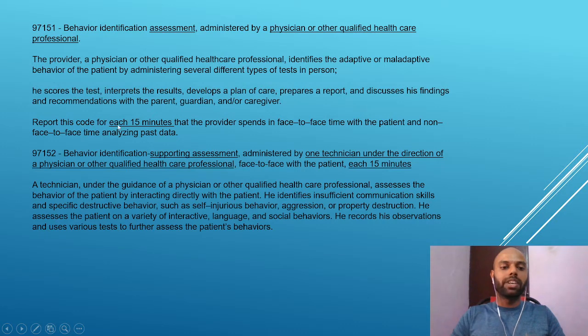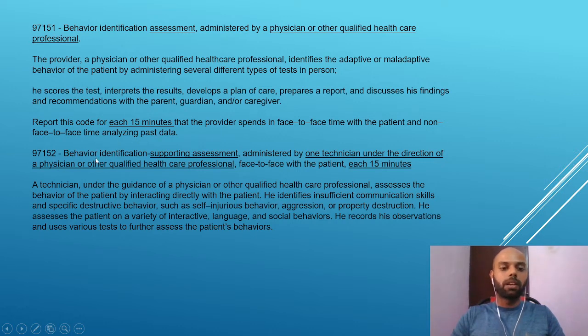Report this code for each 15 minutes that the provider spent in face-to-face time with the patient and non-face-to-face time analyzing past data. So we can use 15 minutes as one unit, and we can use non-face-to-face time analyzing past data also.